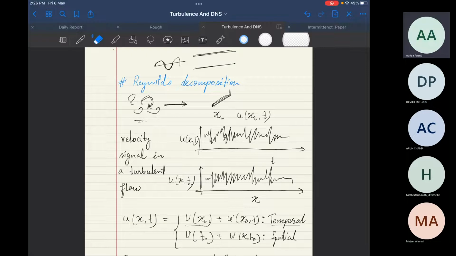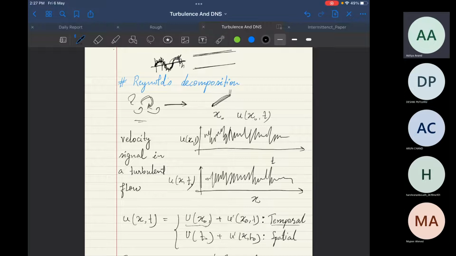Now this flow might be turbulent. So there might be turbulence in the flow like this. So when you average, your time scales should be large enough that these fluctuations are averaged out, but it should not be so large that these large scale unsteadiness is also averaged out and it becomes zero. So you should have that large scale part as well.